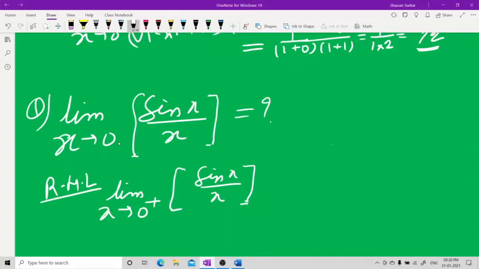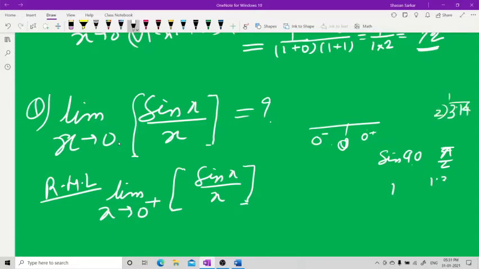So if you take any angle, for example, on the right side of 0 everything will be plus, and on the left side of 0 everything will be minus. So take any angle on the right side, take sin 90 and take 90 degrees, which means pi by 2. So sin 90 is 1, and pi by 2 is 3.14 divided by 2, so 1.5 something.